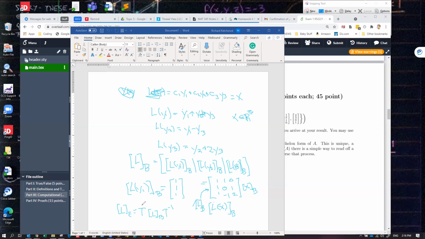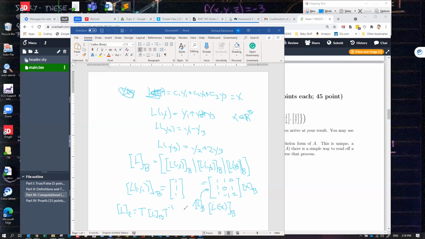This T in this case would just be these vectors written as the columns, because that's the transformation matrix that takes base B representations to standard base representations. And this is the inverse. It takes standard representations to base B representations.